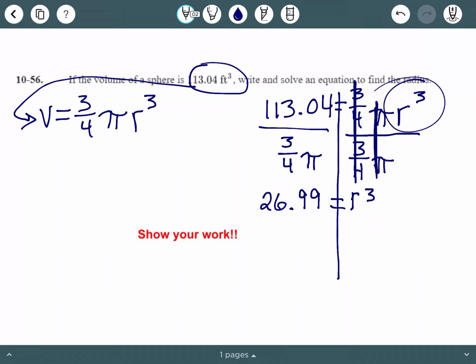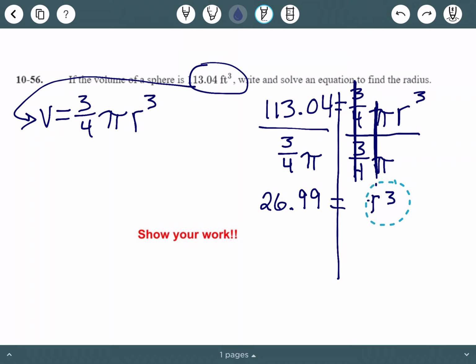That's all we have left on this side. So, all right, is that our radius? No, that's not our radius. That is our radius cubed. So how do we figure out what just the radius is? Well, we need to take the cube root of both of these numbers.